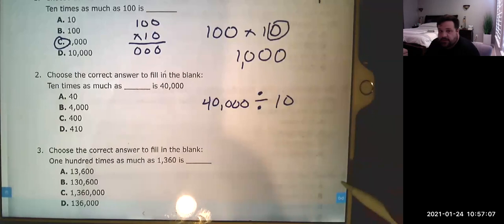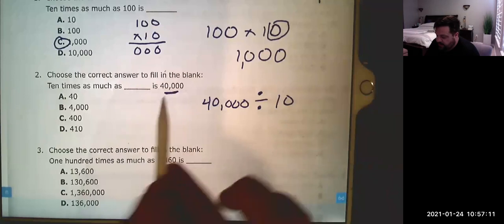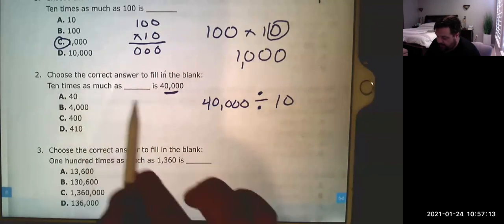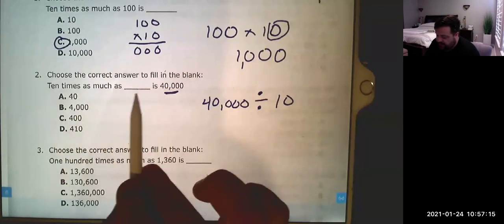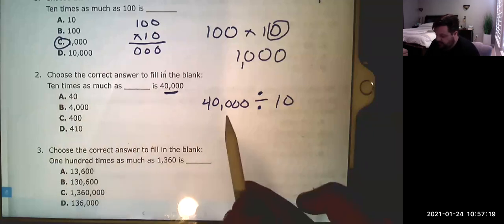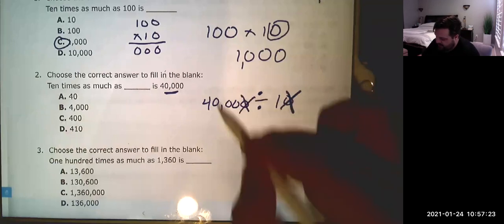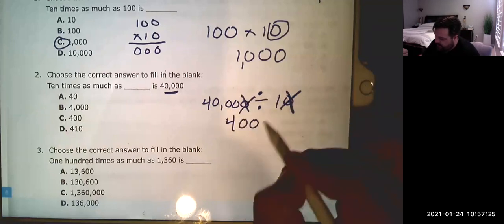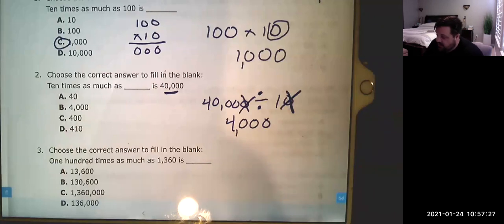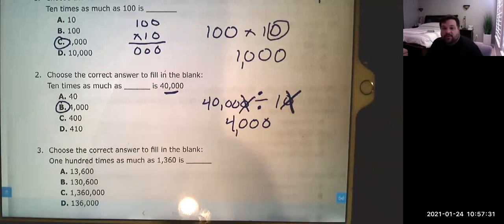So really, you got to think about the words, right? 40,000 is your end answer. So if we do the opposite, this is 10 times some number. So to find out what that number is, we would just do division, right? So you take 40,000 and the 10. If you just cross out these zeros, it leaves you with 4,000, and your answer would be B. So make sure you pay attention to those place values.